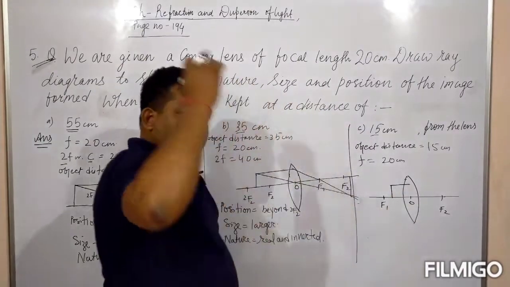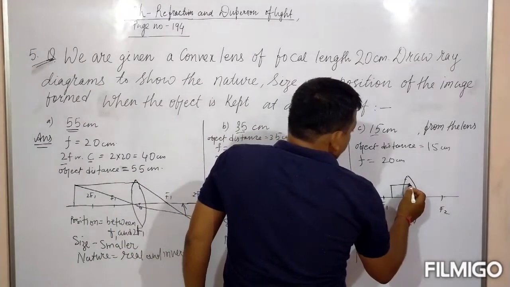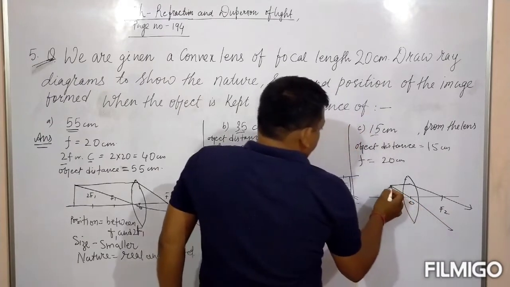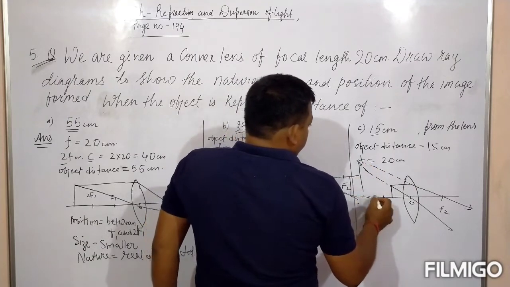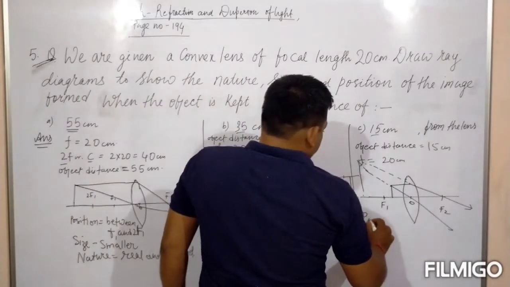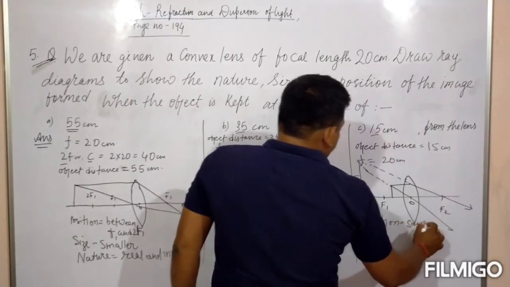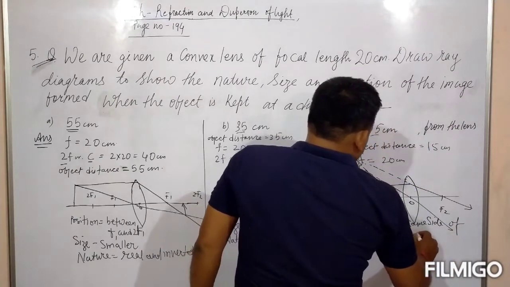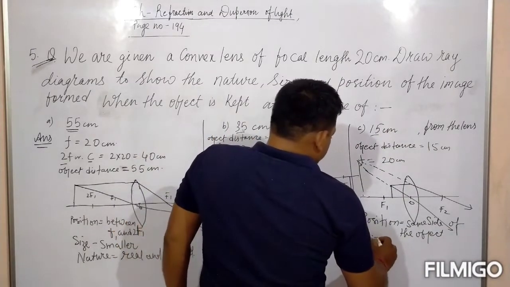What is formed when the object is between F and O? A virtual image is formed, like that. So what will be the nature? First, the position is on the same side as the object, and the size is larger.